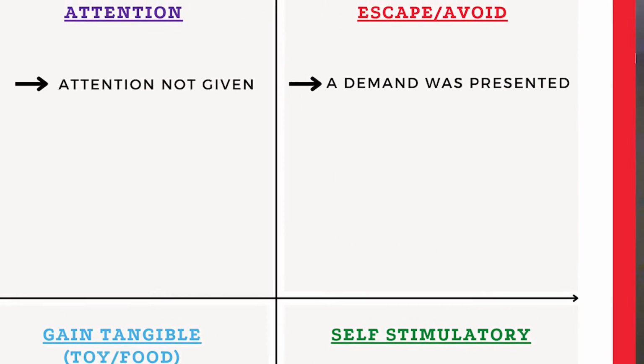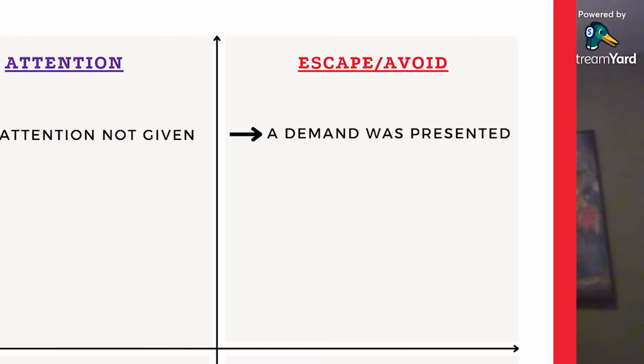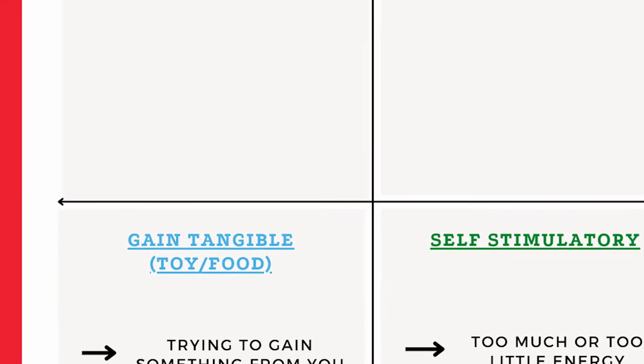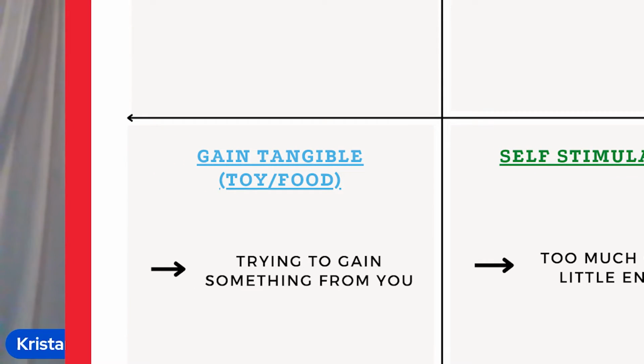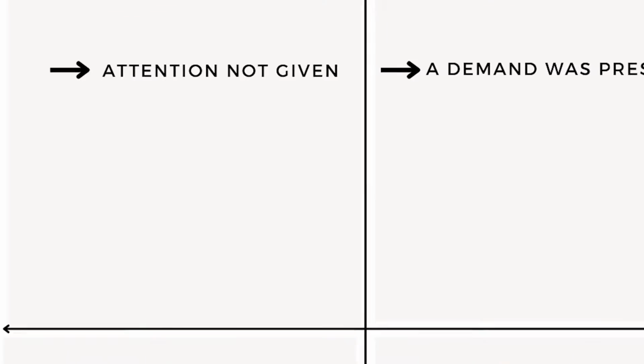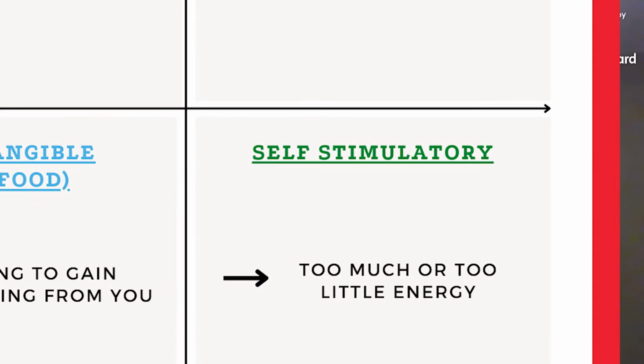Under escape avoid, we're going to write demand or task was presented. And then gain tangible, toy or food, and this could be different other than a toy or food if you're working with adults, obviously. And then self-stimulatory, you're just going to write too much or too little energy.